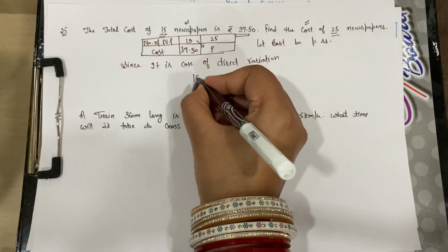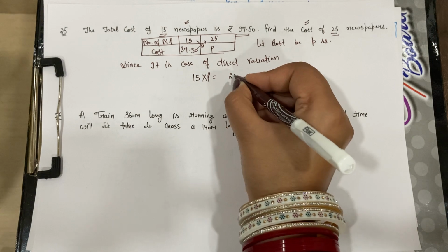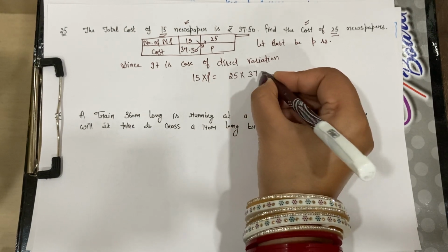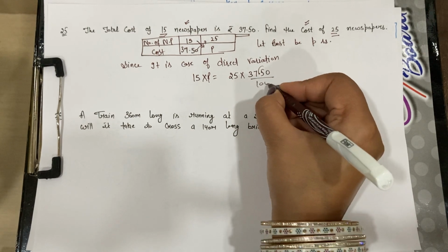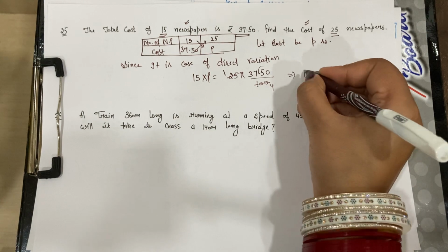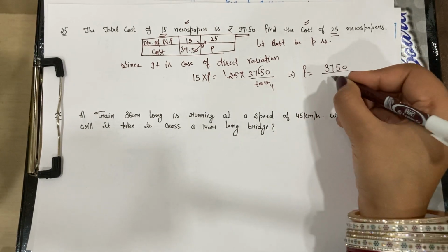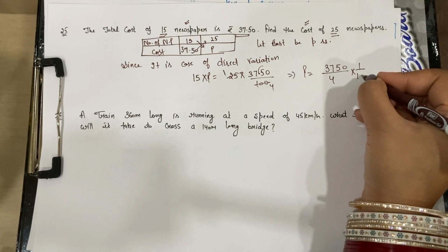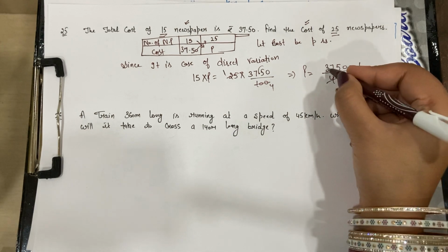So 15 into P is equal to 25 into 37.5. There is a decimal. When I remove the decimal, 100 will be there. On the table of 25, do the cutting. Now we will find out the value of P. On the table of 4, we will see what the value is.